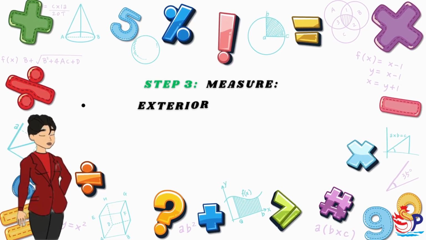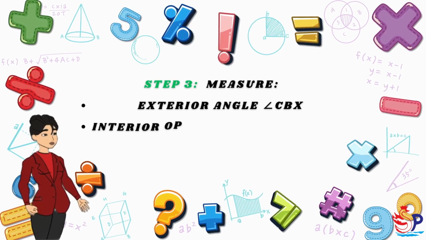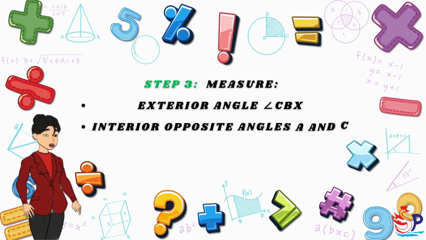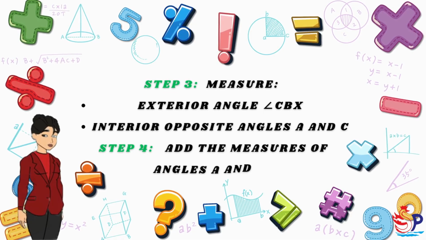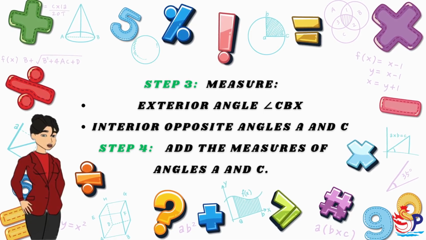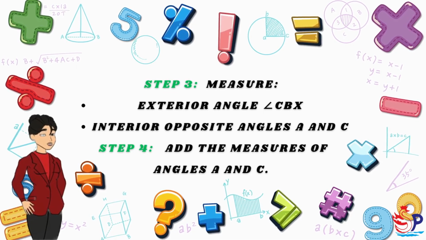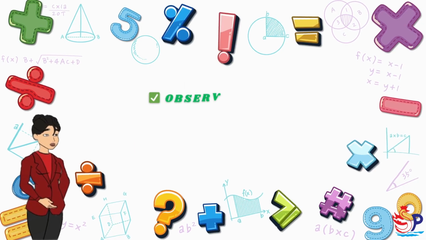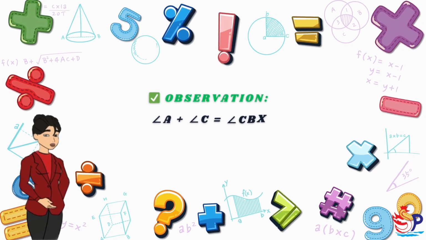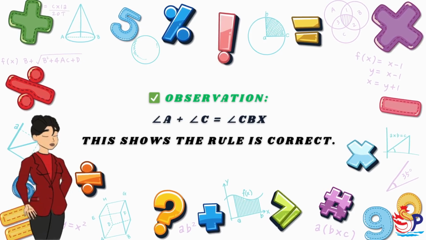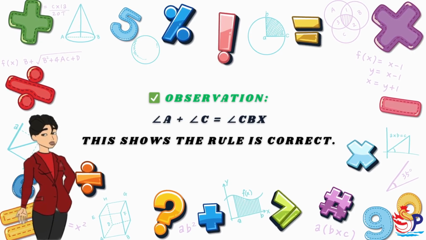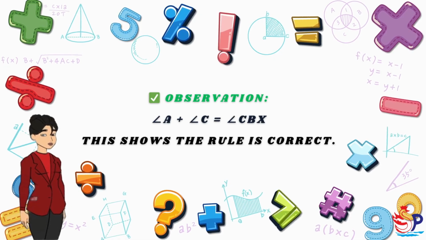Measure exterior angle CBX and interior opposite angles A and C. Step 4. Add the measures of angles A and C. Observation: angle A plus angle C is equal to angle CBX. This shows the rule is correct.